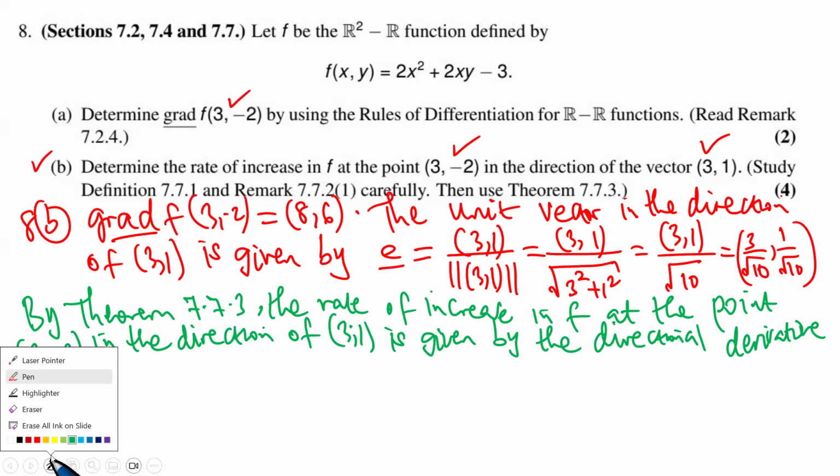Okay, there's something we call the directional derivative, and let us talk about it.